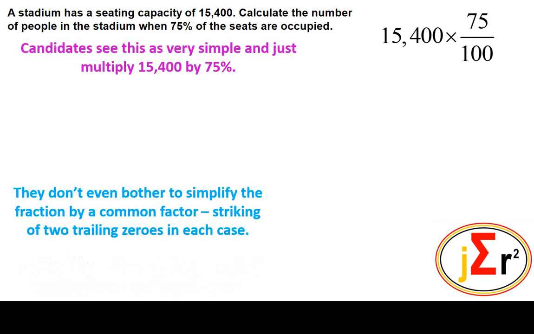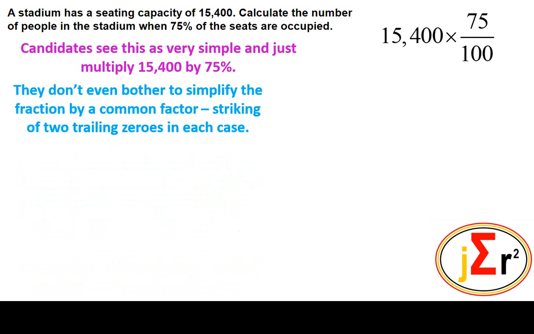That is correct. They don't even bother to simplify the fraction by a common factor, like striking off two trailing zeros in each case. They just use their calculator and presto.